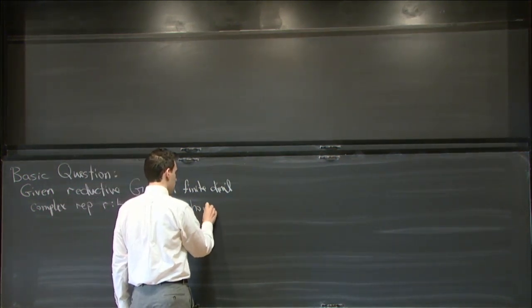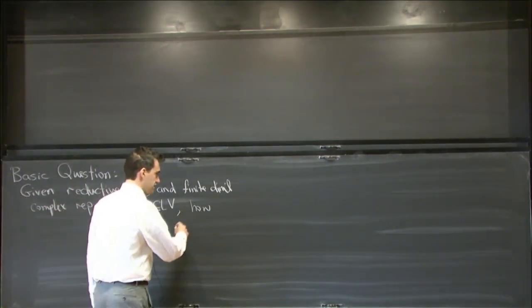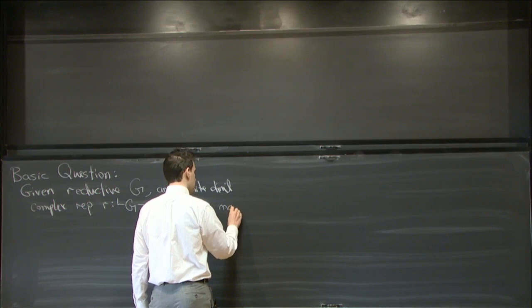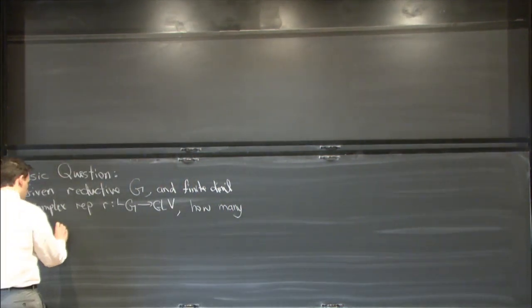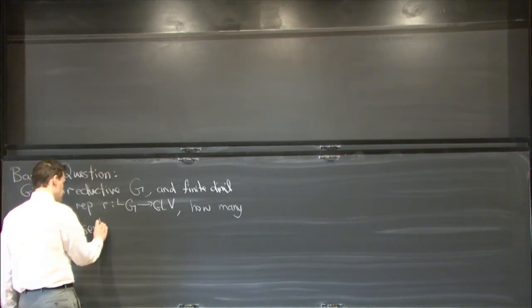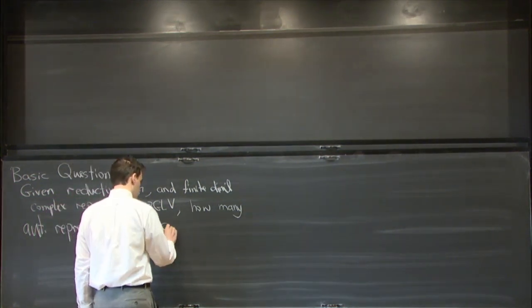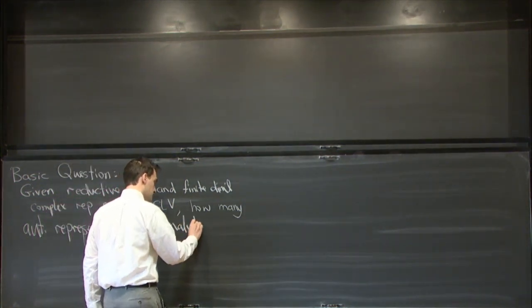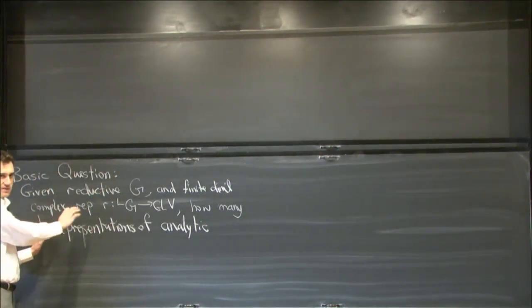how many automorphic representations of bounded analytic conductor are there? This is just a vague statement, so I definitely want some other adjectives here.